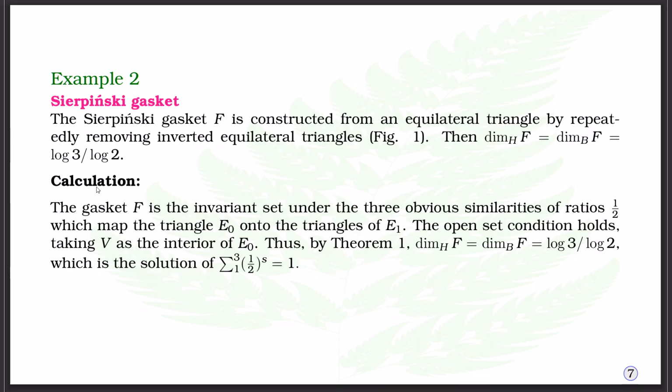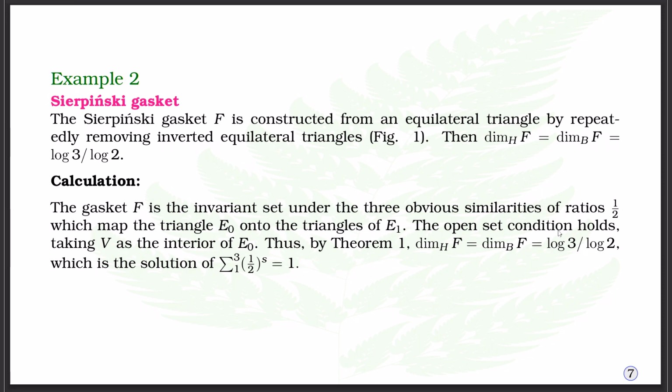Now, we need 3 mappings, scaled by 1 by 2. That means the gasket F is the invariant set under the 3 obvious similarities of ratio 1 by 2, which map the triangle E0 onto the triangles of E1.